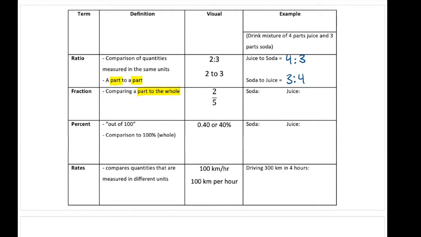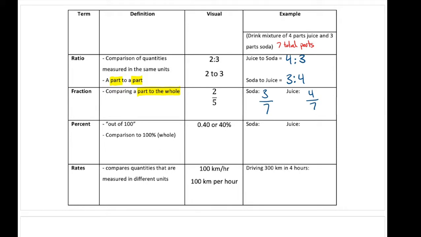If I wanted to create a fraction for soda, it would be 3, because there's 3 parts of soda, over 7, because there's 7 total parts. That is the denominator. For juice, it would be 4 parts of juice over 7 total parts.